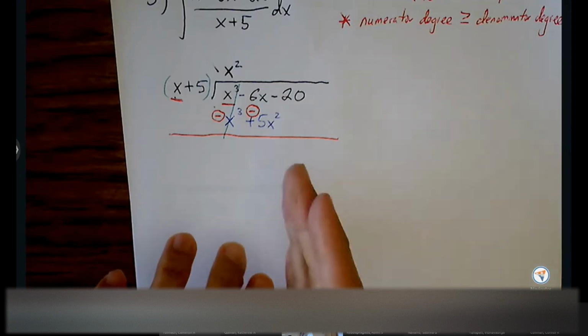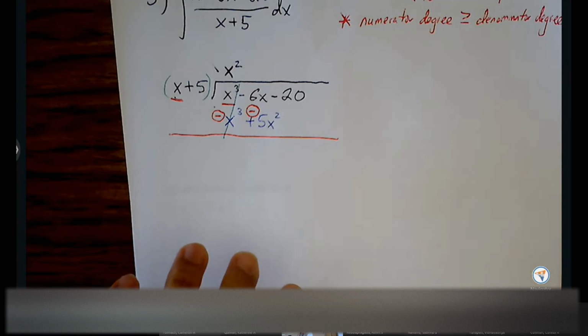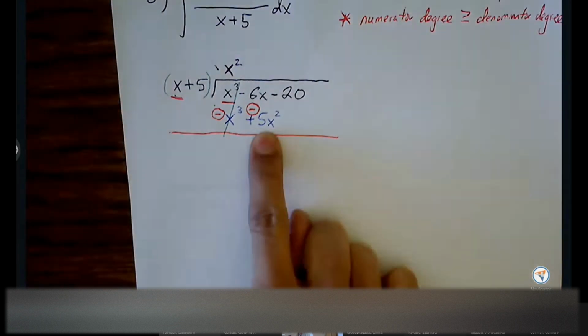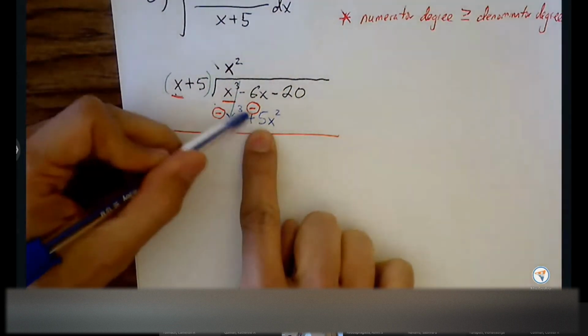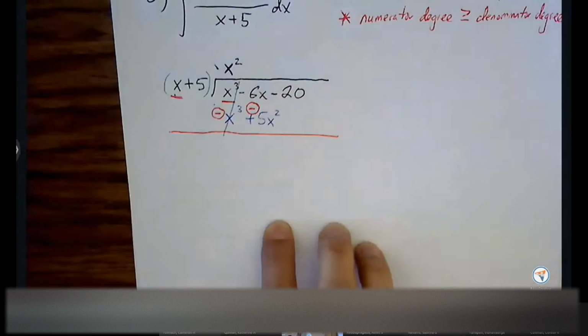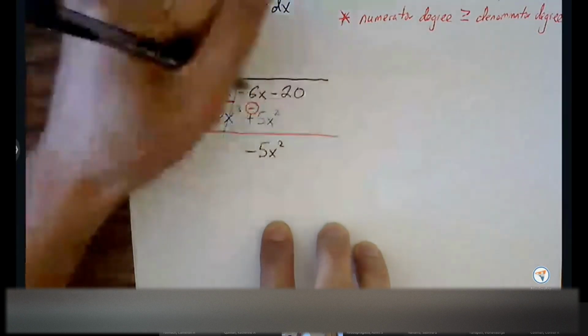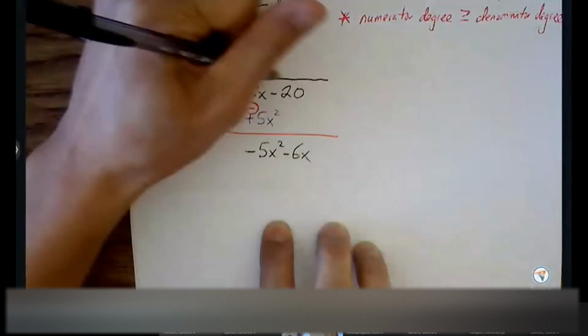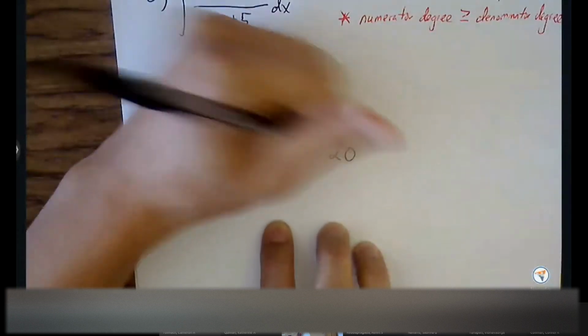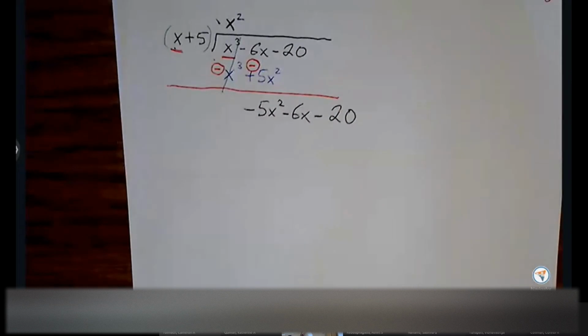So start with the highest degree and then move your way down to the constant. So my highest degree is the negative 5x squared. So I'll bring that term down first, followed by the minus 6x, followed by the minus 20. Okay, good so far?